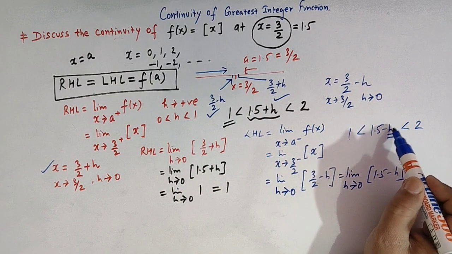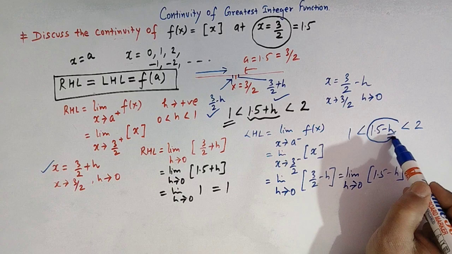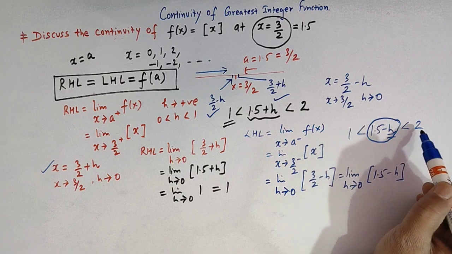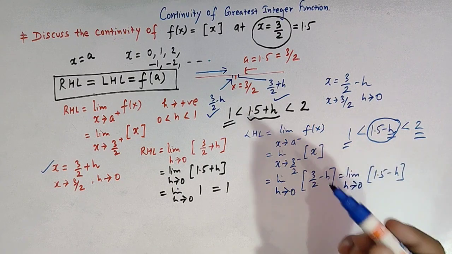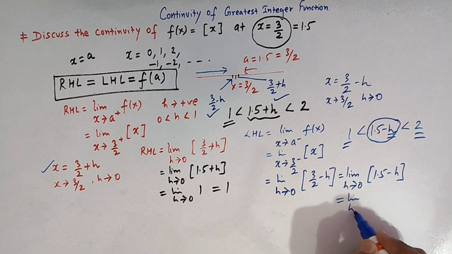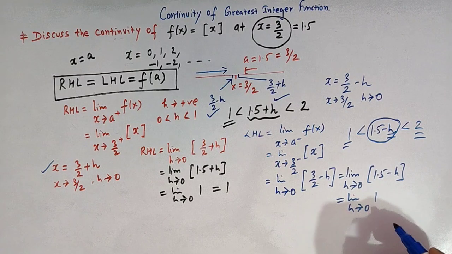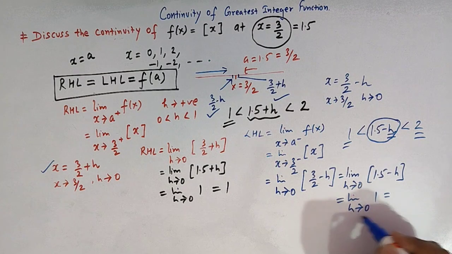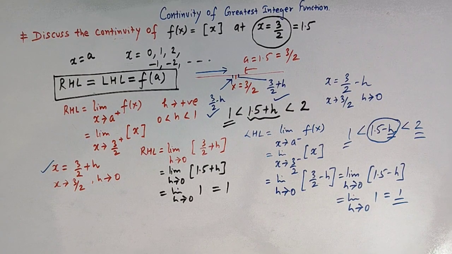So when we subtract h from 1.5, the entire quantity is greater than 1 but less than 2. So 1.5 minus h lies between 1 and 2. By the definition of greatest integer function, the value of the greatest integer of 1.5 minus h is equal to 1. So this limit is equal to 1, right?